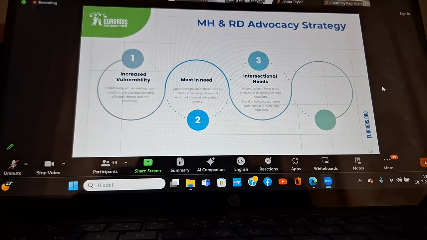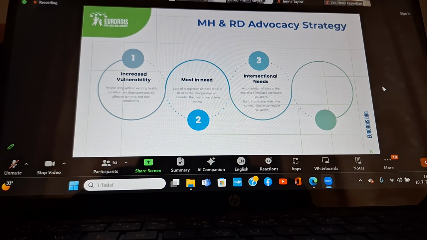Another advocacy topic we're pushing is that living with a rare condition, you live at the interface of lots of different situations, which increases your risk of poor mental health. For example, living with stigma or discrimination, living with a visible or invisible disability, or children being affected or at risk of cancer.